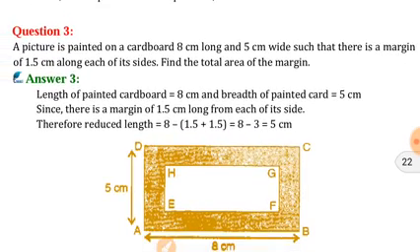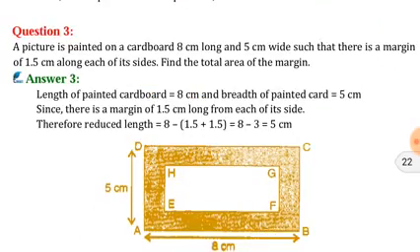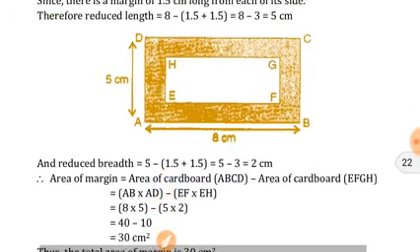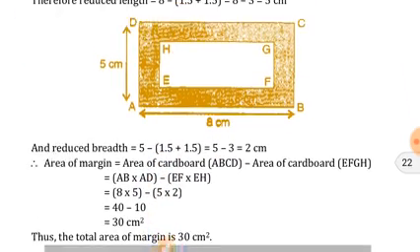The length of the painted cardboard is 8 centimeter and the breadth is 5 centimeter. Since there is a margin of 1.5 centimeter on each side, we have to subtract it from the total.